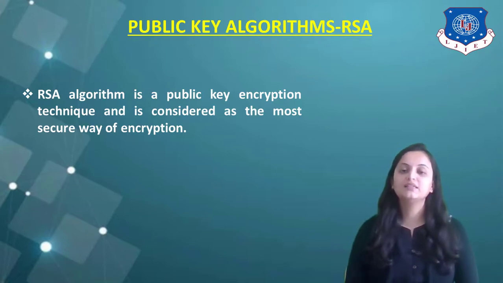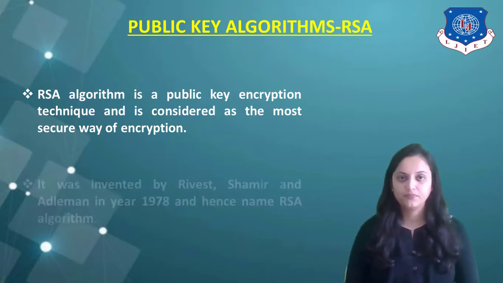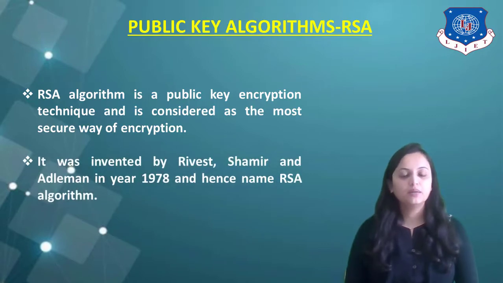The public key algorithms include the RSA algorithm, which provides an encryption technique for the most secure way of encryption. It was invented by three scientists, Rivest, Shamir and Adleman, in the year 1978, and hence the name RSA algorithm.